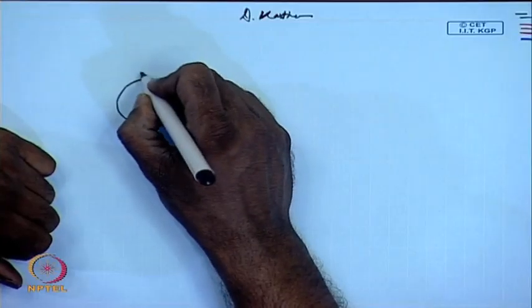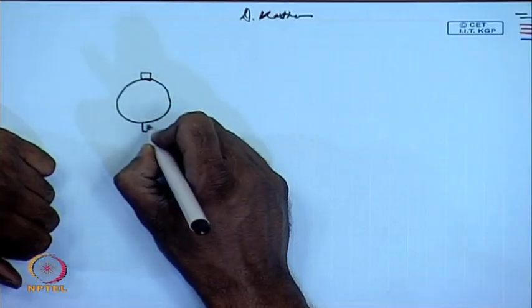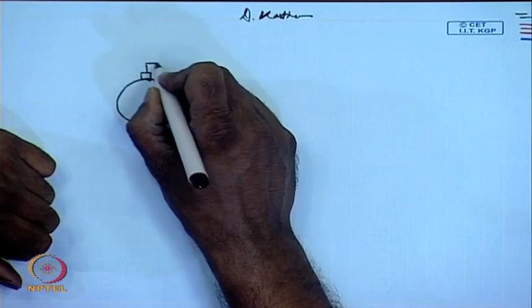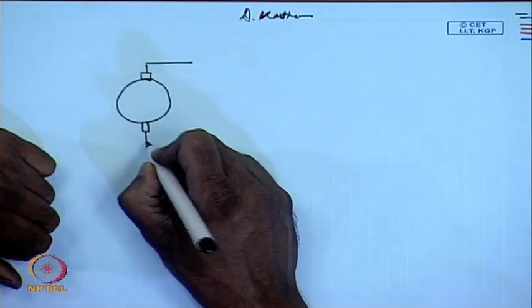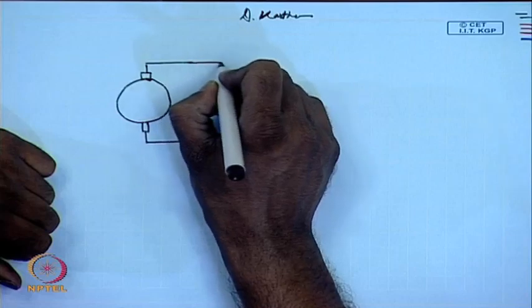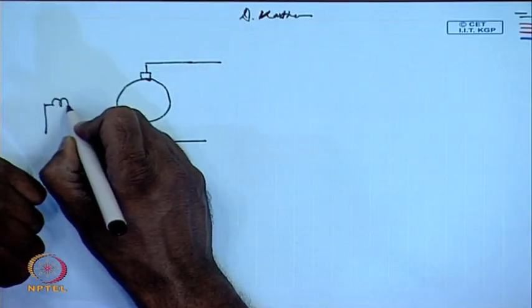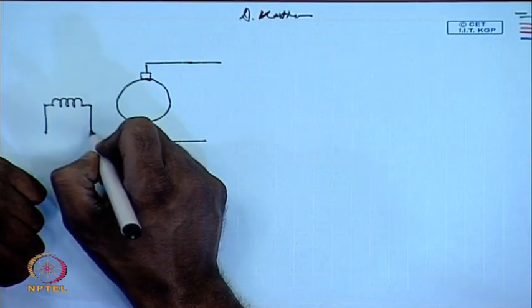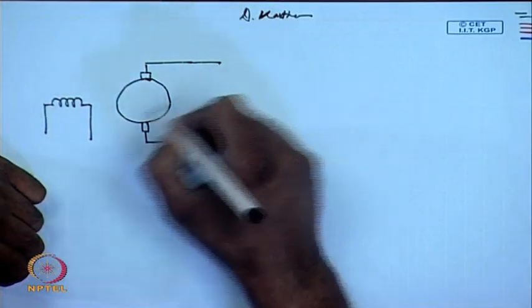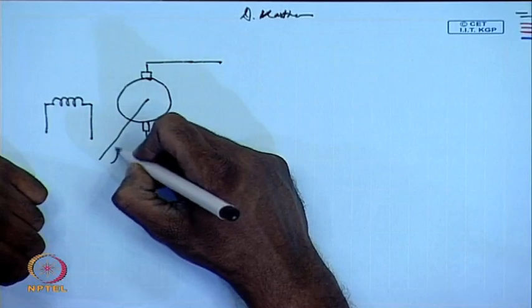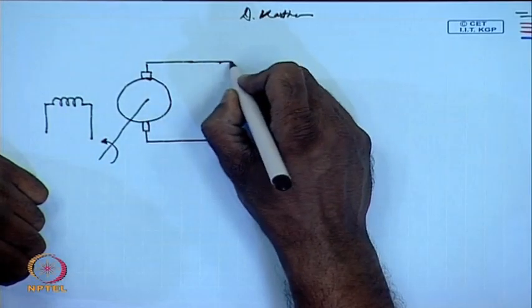We know that a DC generator has mainly two windings. One is the armature winding, another is the field winding. The armature winding supplies the load.